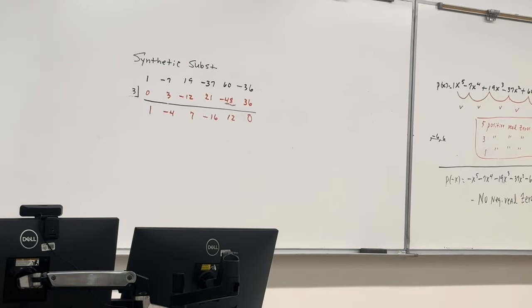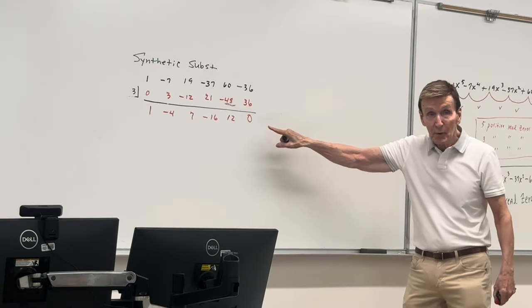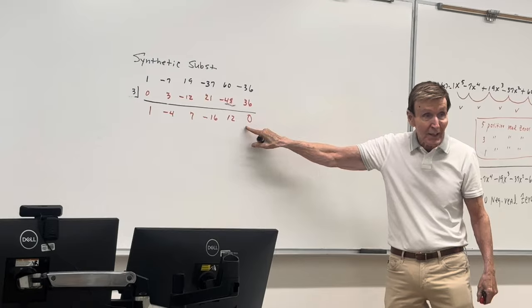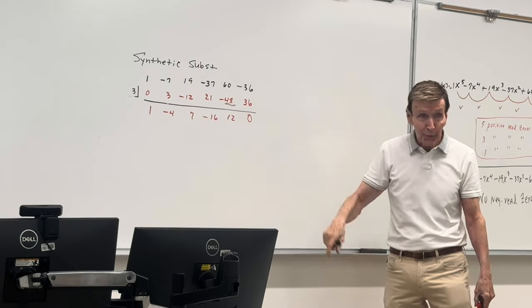Okay, beautiful. Now, how many zeros am I expecting? 5. We have 4 more. And none are negative. Now, does someone have maybe another positive zero besides 3? Positive 2. You want to test 2. Now, one nice thing about synthetic, after you find one that works, in other words, gives you 0 on the end. Can you imagine this, guys? He gave me a 3.